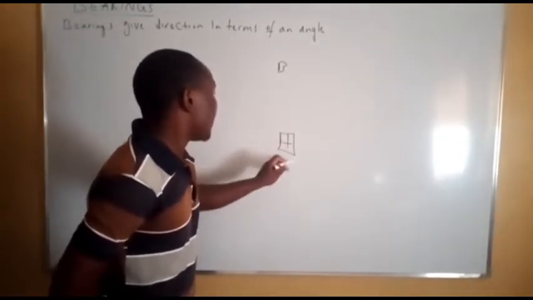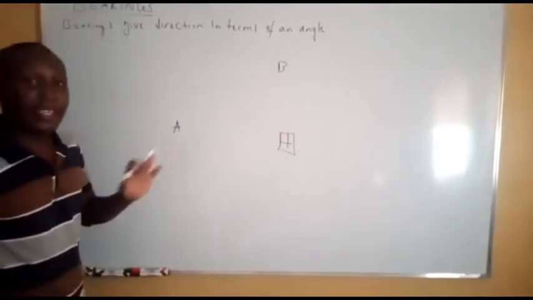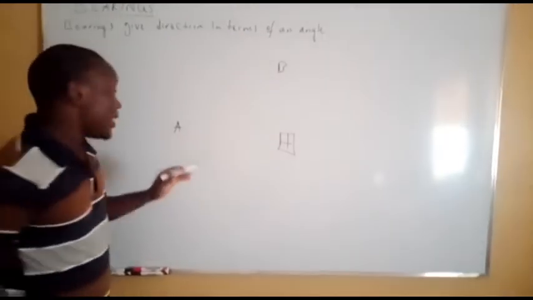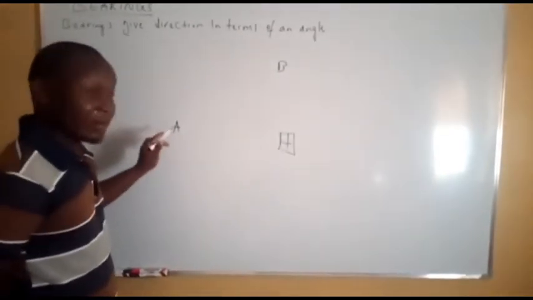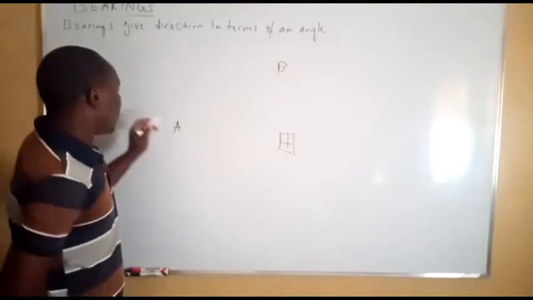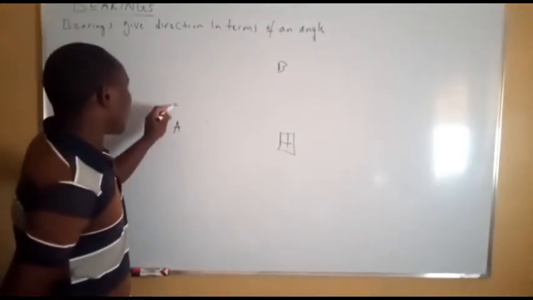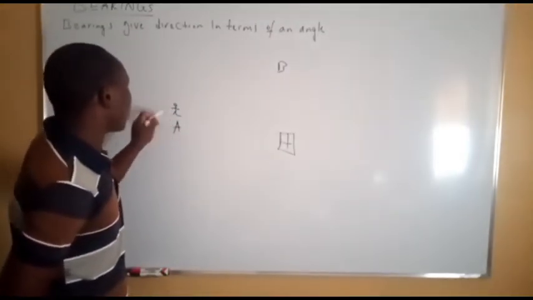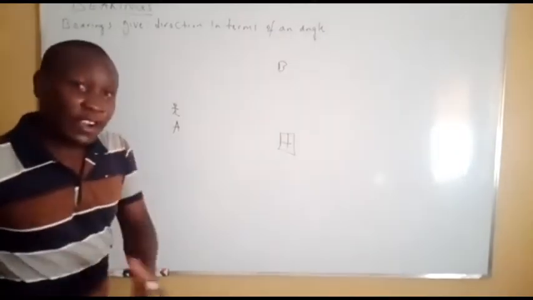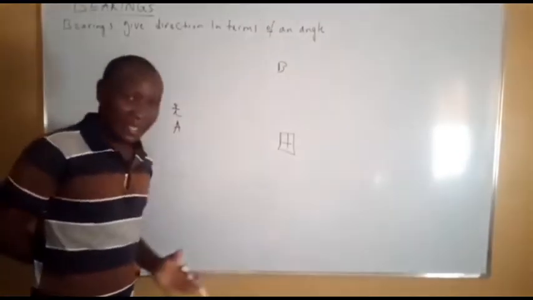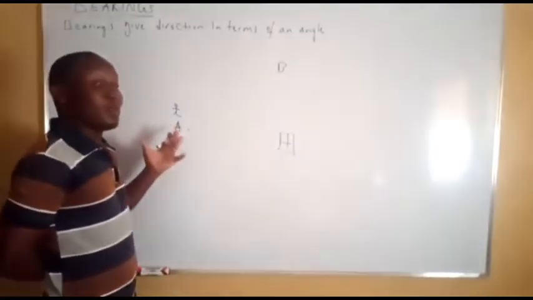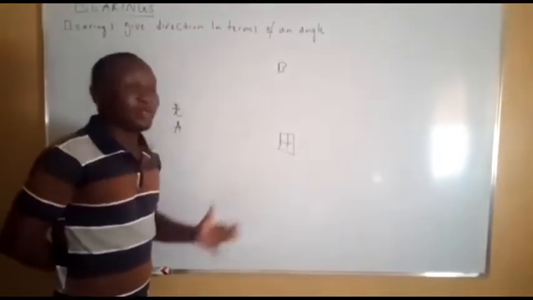Then here, at town A, there is John. John wants to move from town A to town B.